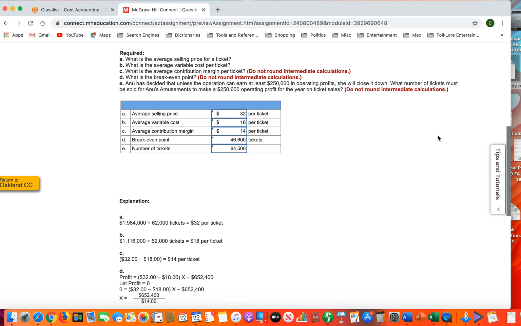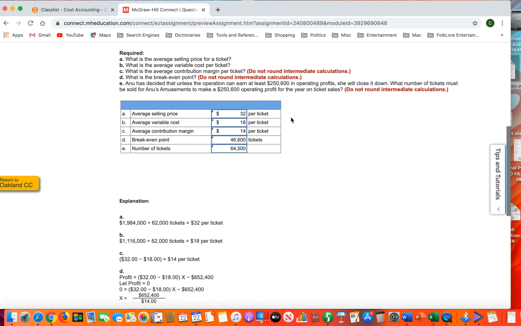The last, let's say D, we just did D. E. She says unless she can earn $250,600 in operating profit, she's going to close the business down. So what number of tickets must be sold for her to make that much operating profit?